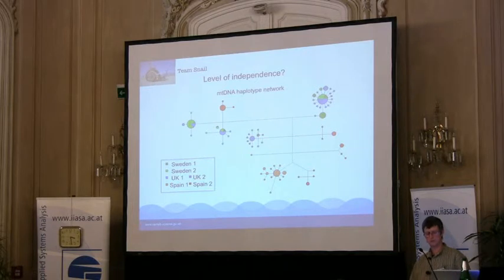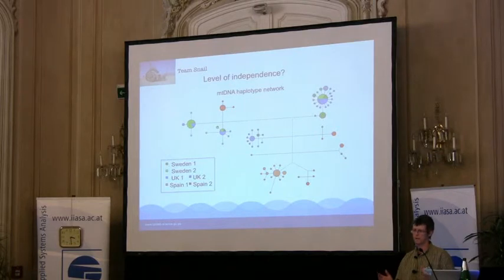When we compare them with a nuclear marker, we get a bit different patterns. But for the mitochondrial DNA, it's quite interesting to see that the Swedish and British sites or populations are not separated. They are not separated in geography, and not separated in ecotype, so they're not independent.